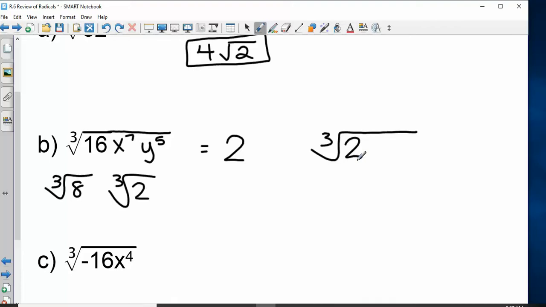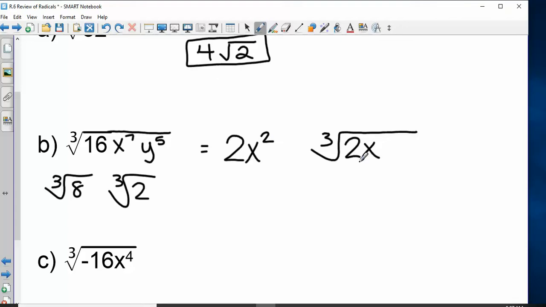Okay, if I have 7 x's, how many groups of 3 can we form? 2, so x squared comes out. Were there any left over? Yeah, if you have 7 of them, your 2 groups of 3 account for 6, so we have 1 x left over, so 1 x stays under the radical.